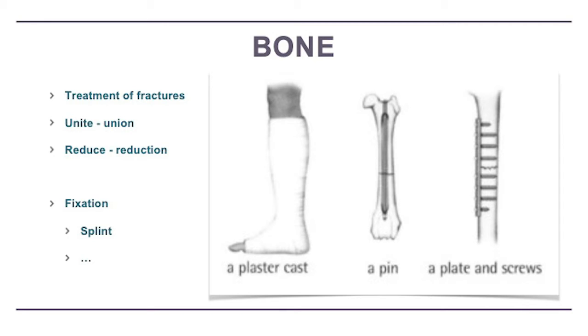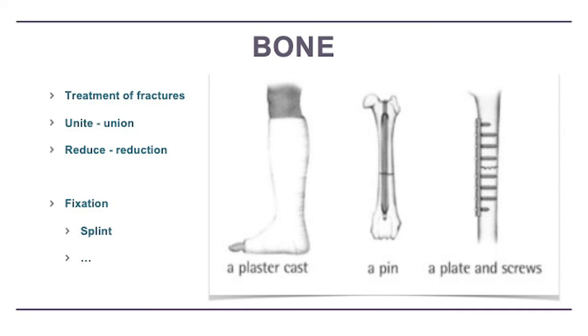Now, how can you fix a bone? How can you make it not movable? Well, by fixation. By any of the means, like a splint, a cast, or a plaster cast. And we have the pictures here. A splint, we saw it before when we were talking about the orthopedists.